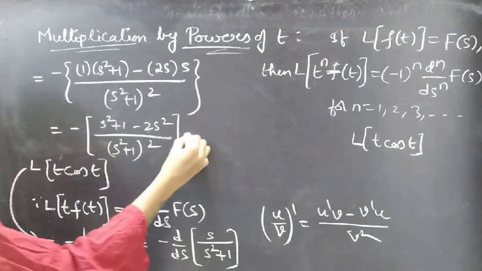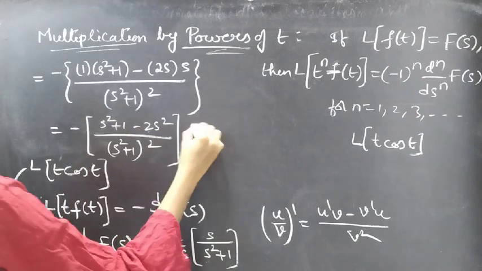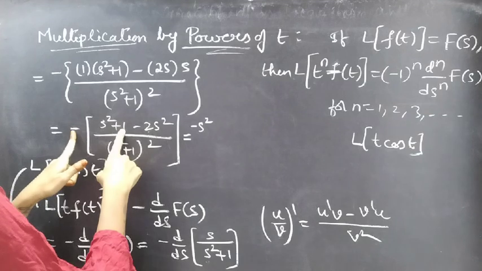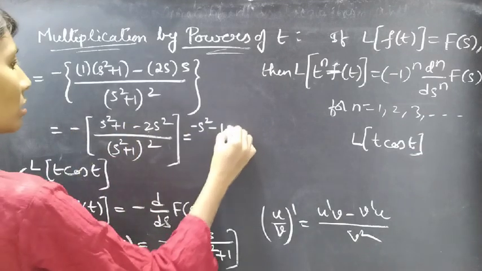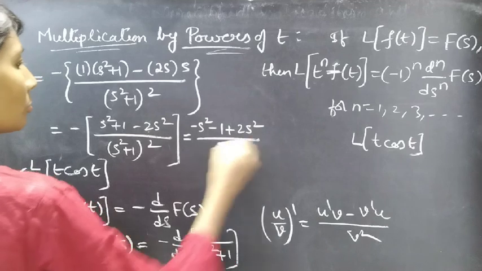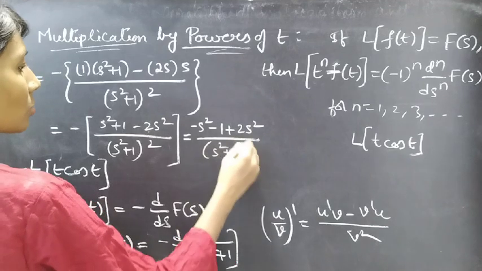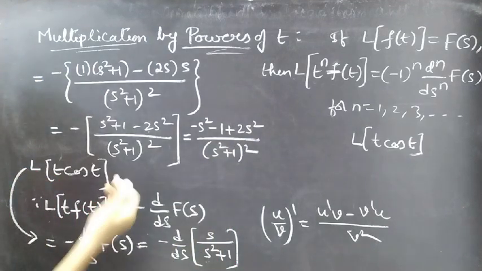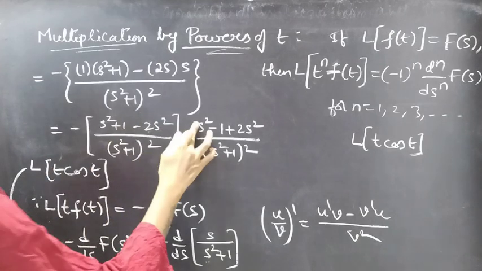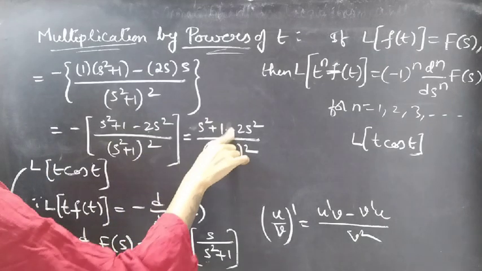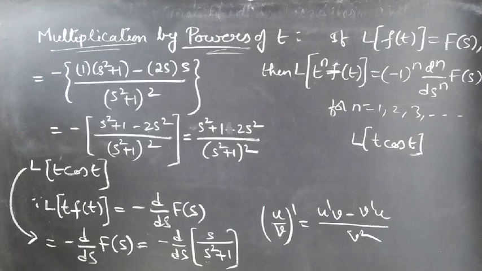which is equal to minus of s square plus 1 minus 2s square by s square plus 1 whole square. Or just simplify this and later multiply the terms with minus. Okay, better. Let's not be in a hurry.